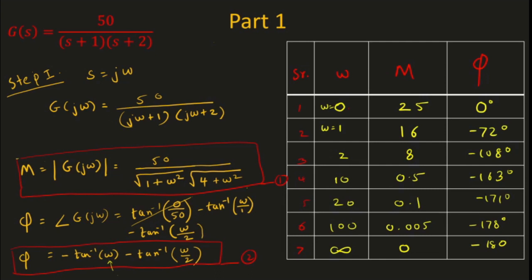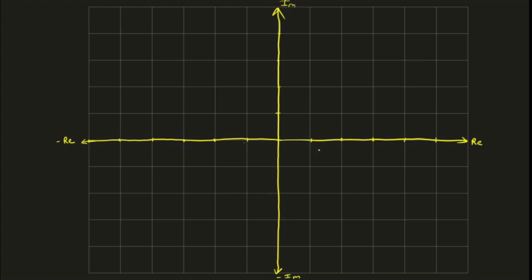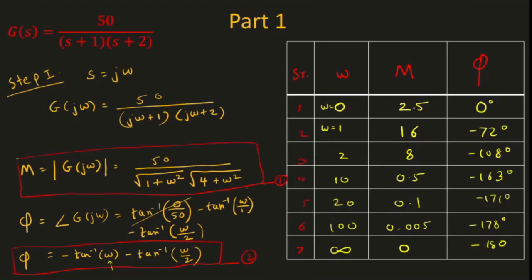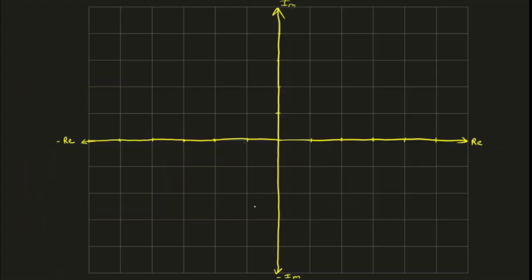So how to plot it? Let's take a graph paper, and we know the maximum value of magnitude is 25, so let's take a unit of 5.